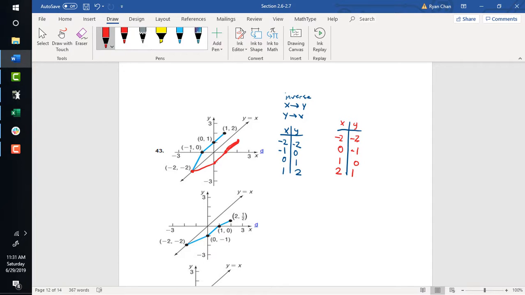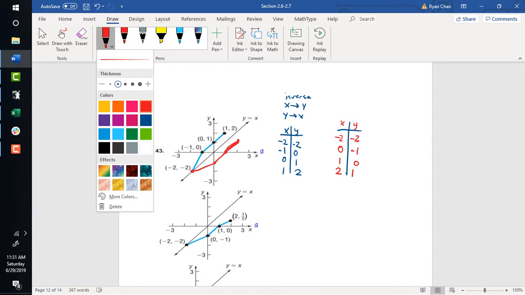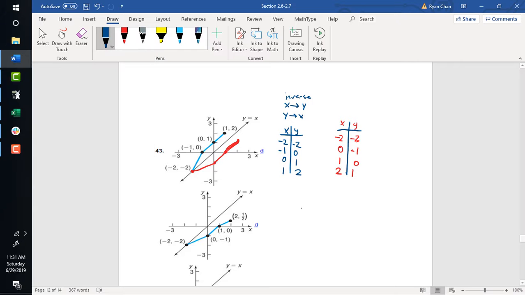Now, let's look at the other example right here. I also have -2, -2. I have 0, -1. I have 1, 0. And I have 2 and 1/2, I'll just do 0.5. Okay.